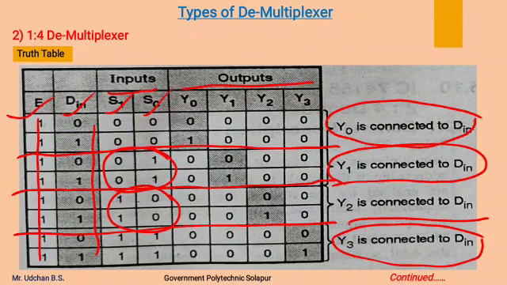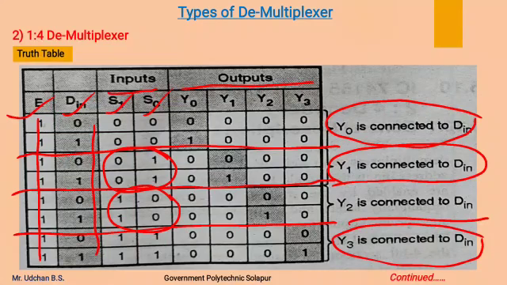If enable input line is 0, then irrespective of data input and irrespective of status of select line, we will get a 0 output over all output lines. That condition is not shown in the truth table, only the high enable input condition is shown in this truth table.